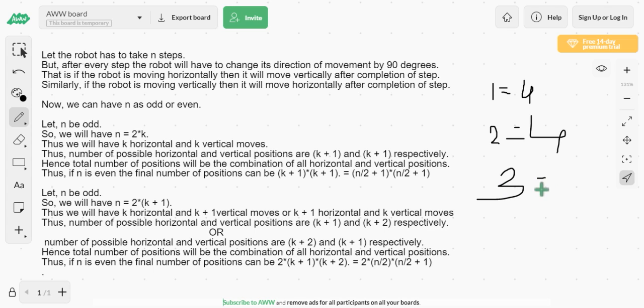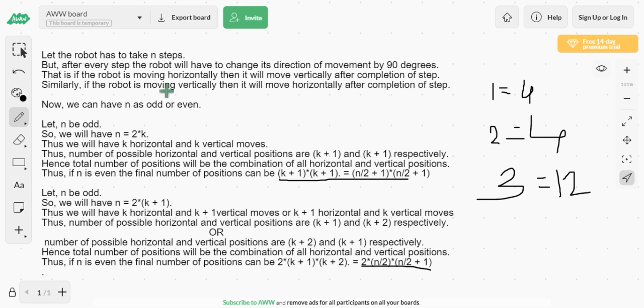After that I got a particular pattern which satisfied a formula. But later when I watched the tutorial, I thought that it was also right, but that's not the proper way. So let the robot take n steps.